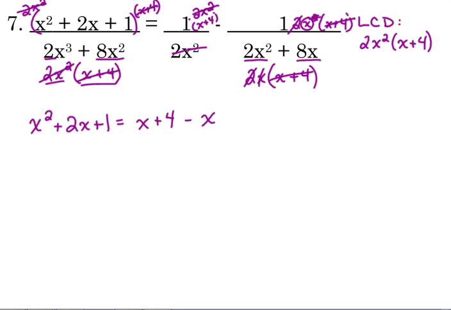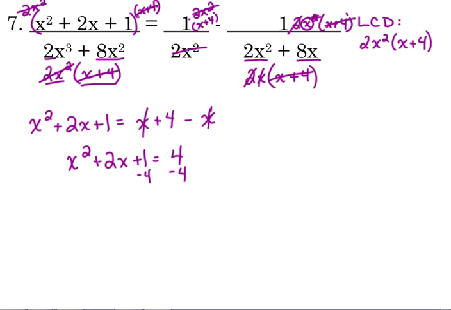All right, so now when we're looking at our problem, we've got x minus x on the same side, so those cancel out. We've got x squared plus 2x plus 1 is equal to 4. Okay, be careful with this, because yes, this left side factors the way that it is, but before you factor, it must be equal to 0.